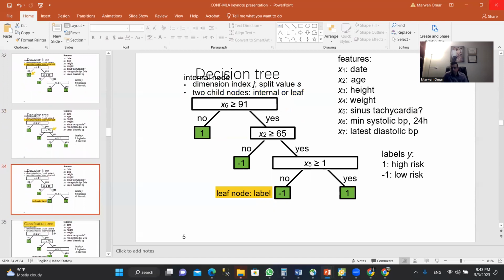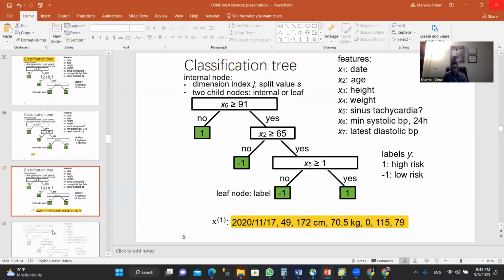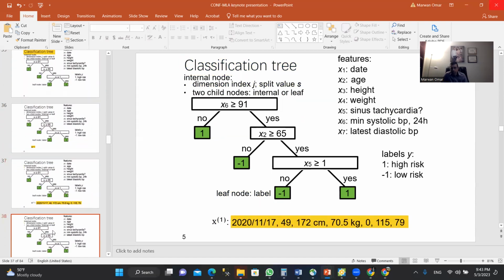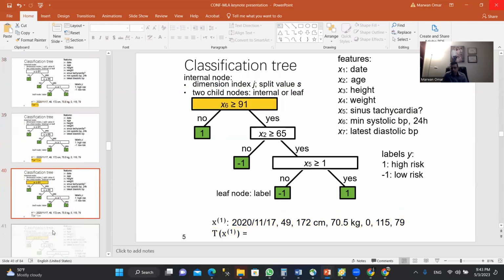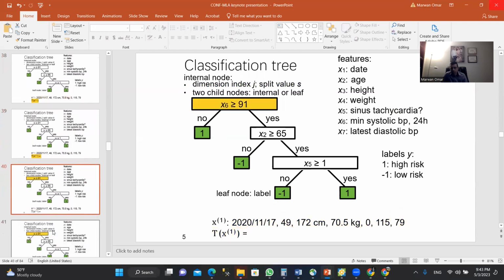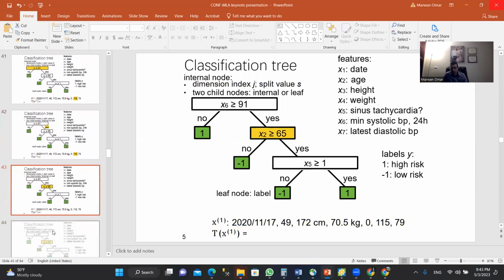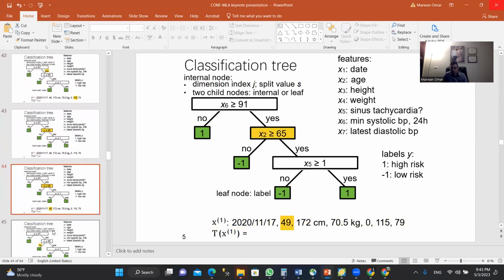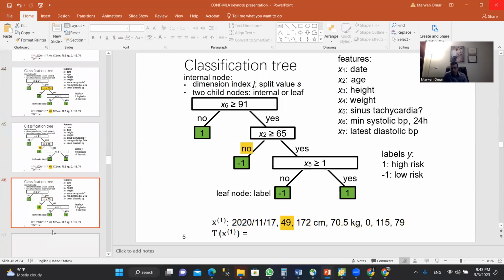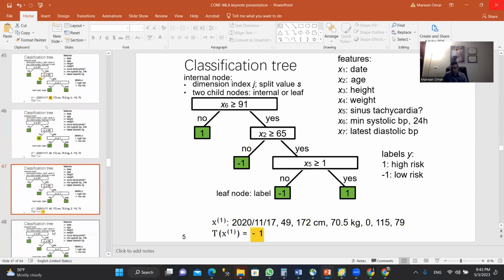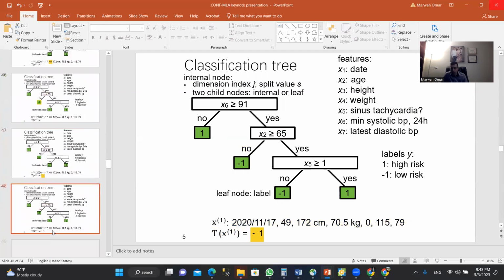Then we have leaf nodes as well, which is the label. So this is a classification tree. If the answer is no, then we have a label which is -1, which is low risk.